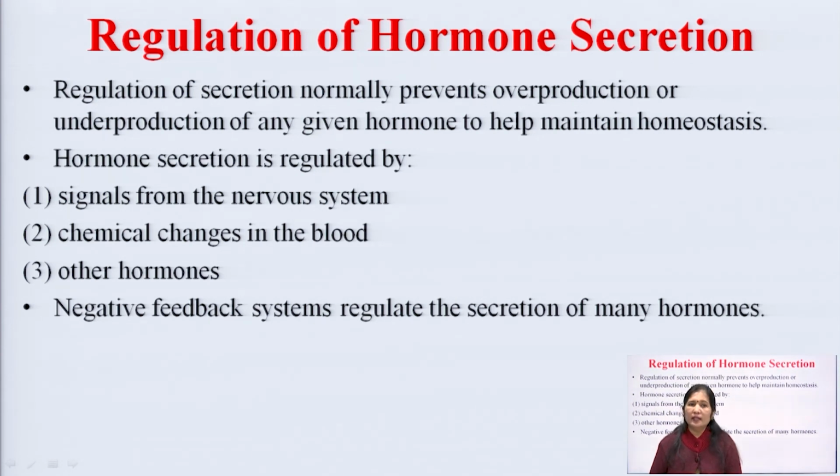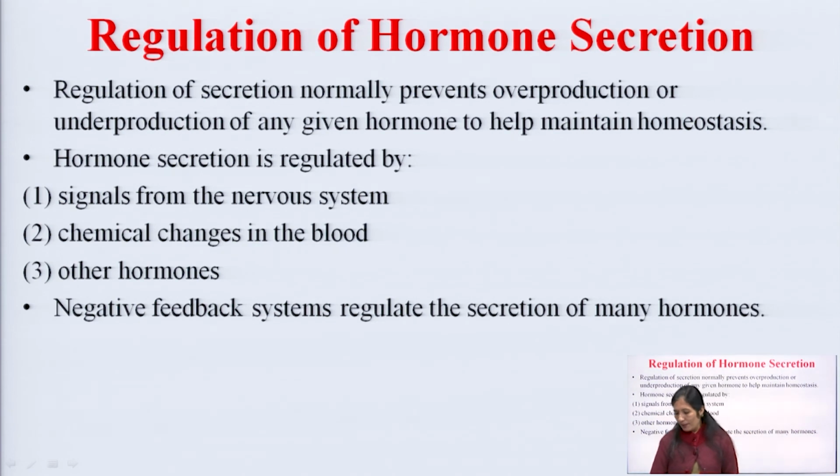Basically, it is regulated by a negative feedback system that controls the secretion of many hormones, that is, overproduction of a hormone will inhibit the release of the stimulating hormone. We will study this negative feedback system of hormones in detail in a further lecture.